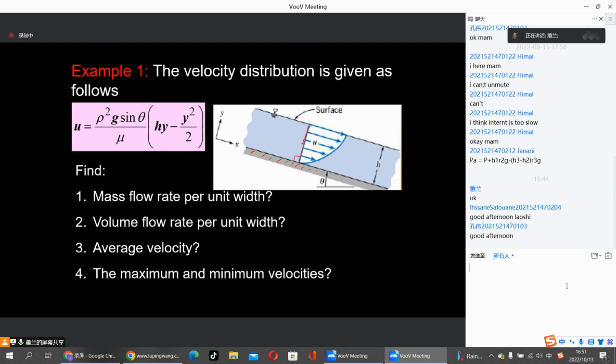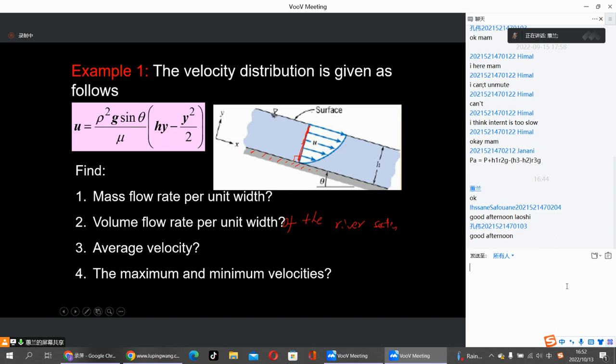I need to specify this: we need to find the volume flow rate and the mass flow rate for this flow, for this waveform section.